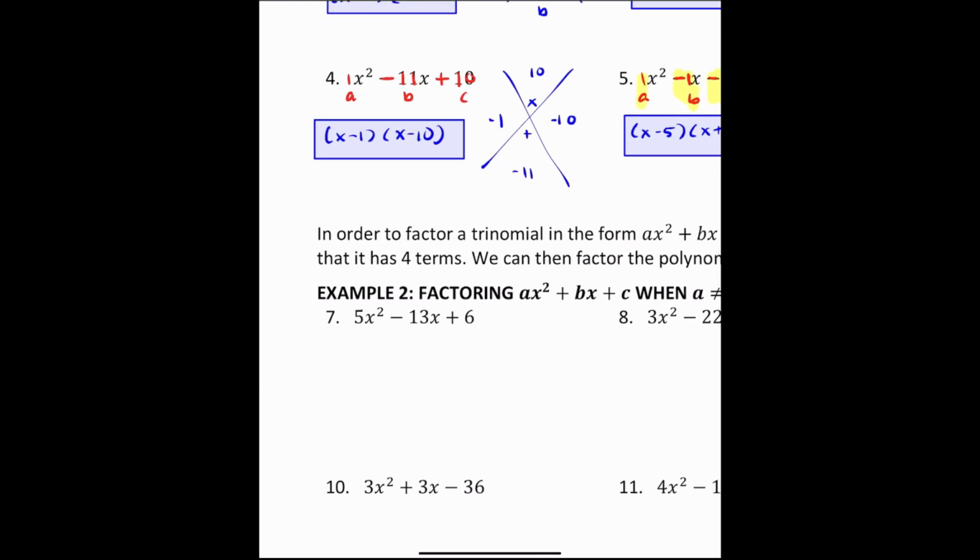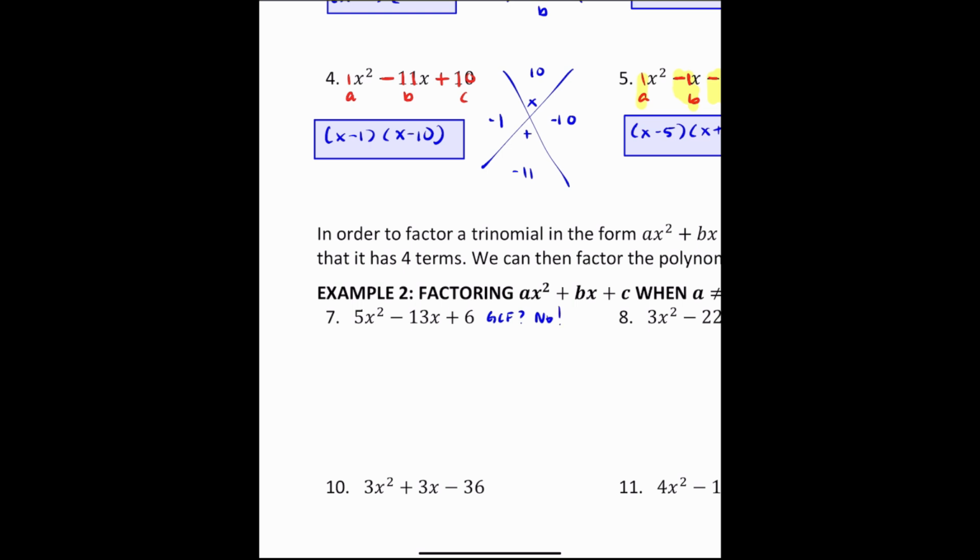We have 5x squared minus 13x plus 6. Now, before we do anything, we always check if we can factor this by using the greatest common factor. So is there a GCF between 5x squared, negative 13x, and 6? No. So I'll write, is there a GCF?